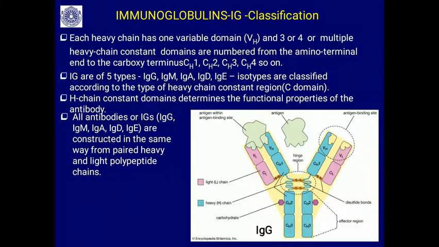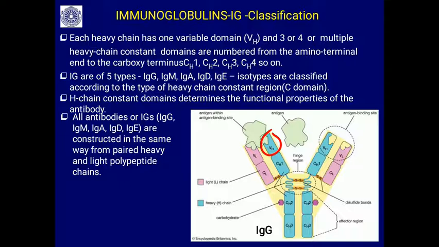So immunoglobulins have 2 heavy chains and 2 light chains. The heavy chain has 1 variable domain, VH, the variable domain of the heavy chain, and 3 to 4 multiple heavy chain constant domains.